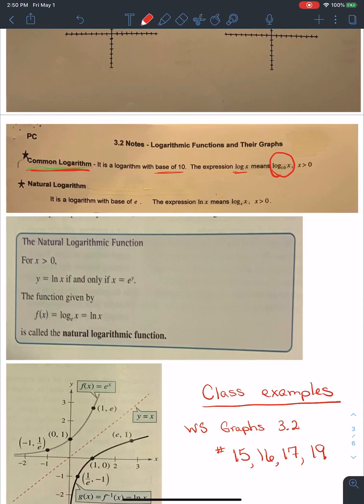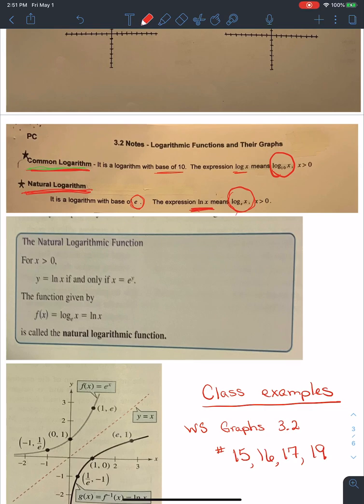If we're talking about a natural logarithm, this is a log with base e instead of base 10. And it's ln of x, I know it looks like it's backwards. Natural log is ln. Natural log of x is the same thing as this expression, log base e of x.